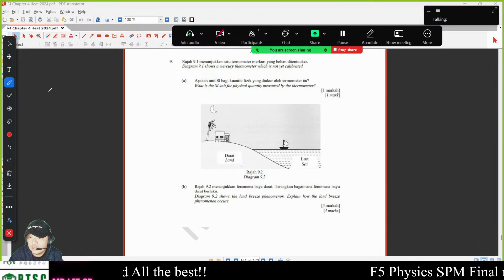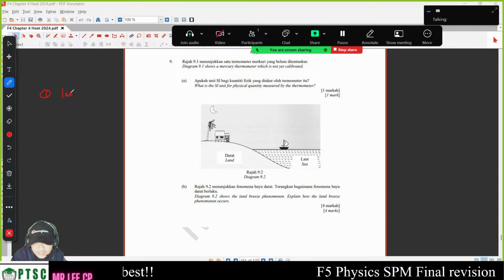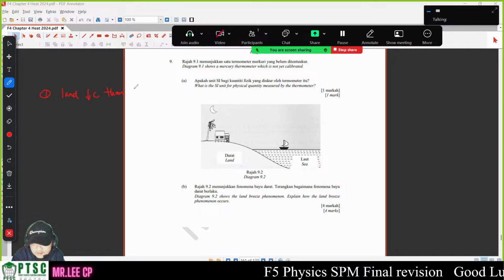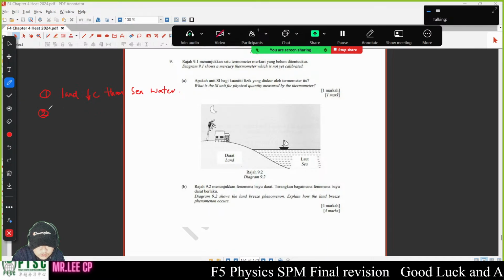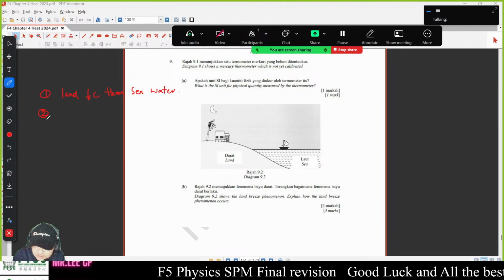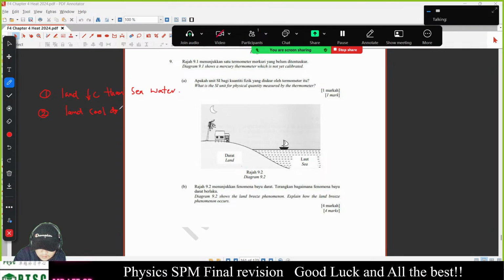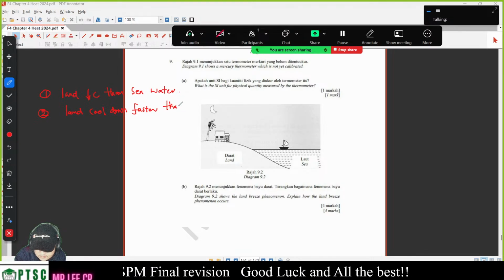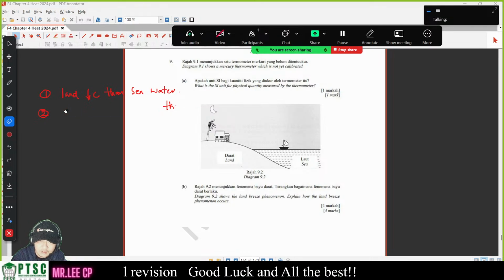The first mark that I want to write is land has low heat capacity than sea water. I don't know whether it gets a mark or not; we go and see it later. So the land heats up, and the land cools down faster than sea. This one is so negative, so I don't want it.